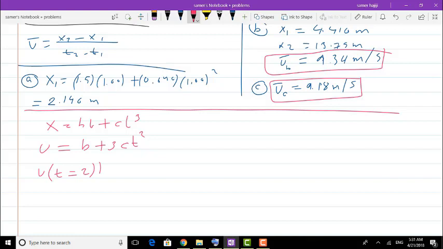we just substitute instead of t 2 seconds to get b, which is 1.50, plus 3c, which is 0.640 as given by the problem, times 2 seconds squared.